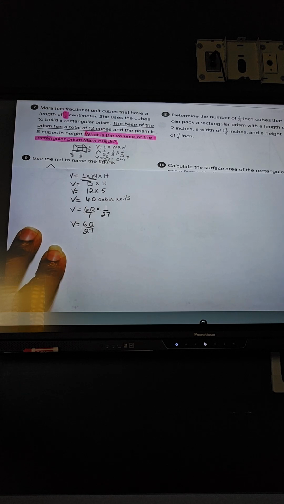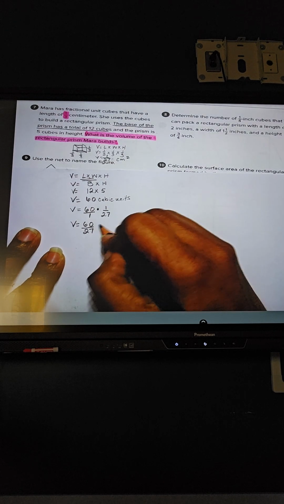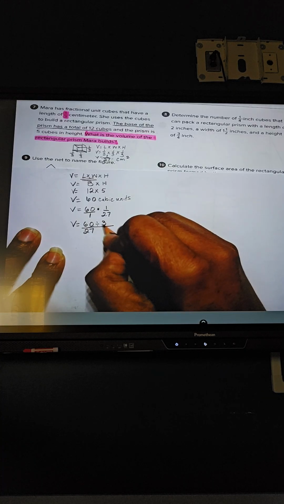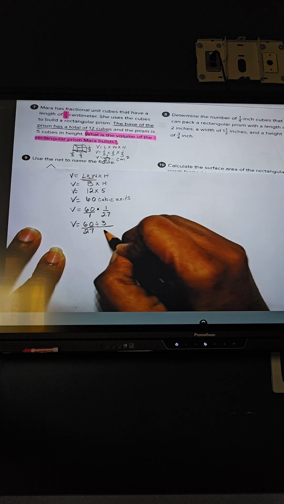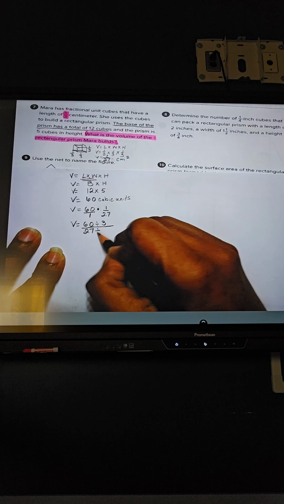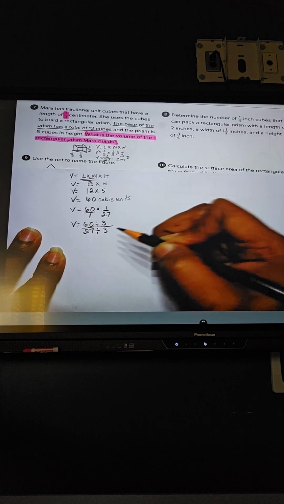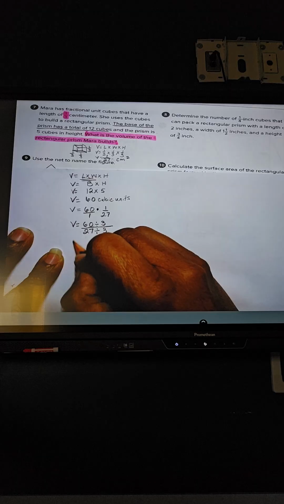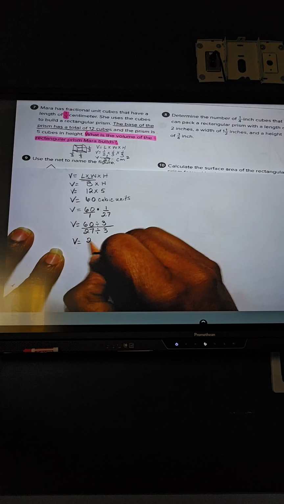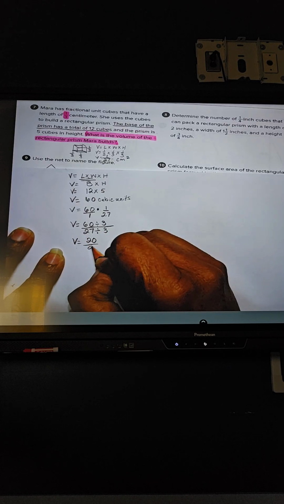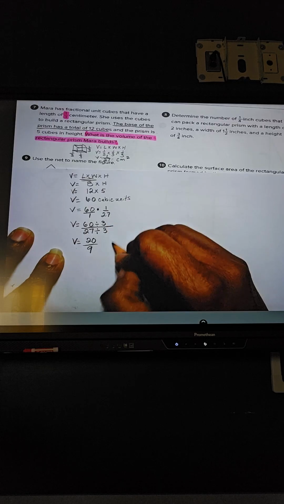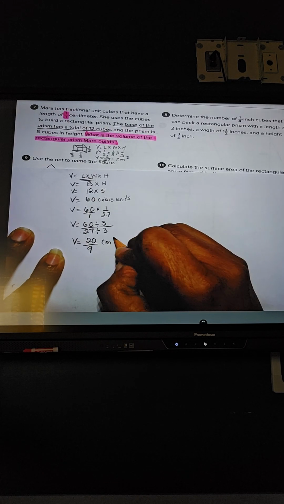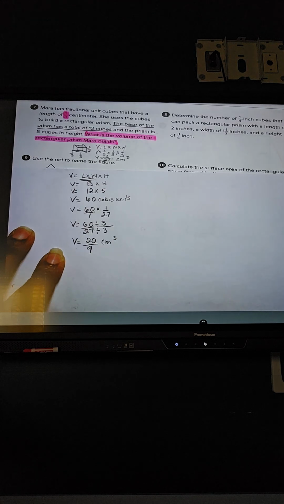So I can use 3. So 60 divided by 3. Remember, whatever I do to the numerator, I have to do the same thing to the denominator. So 60 divided by 3 and 27 divided by 3. Volume equals 20/9 centimeters cubed. Okay?